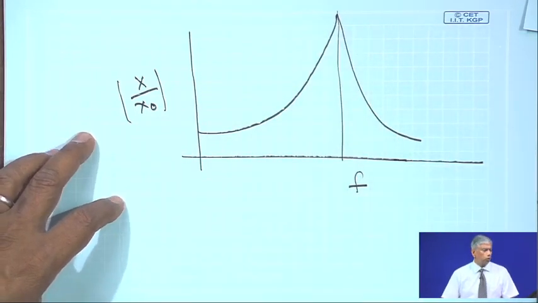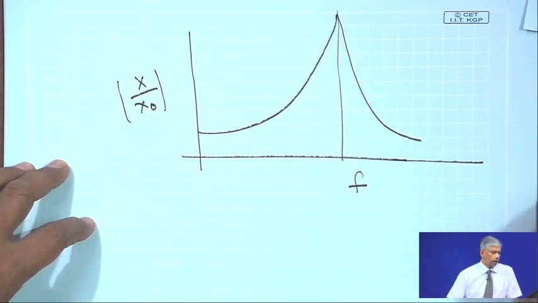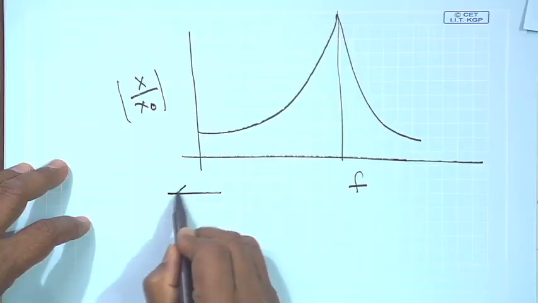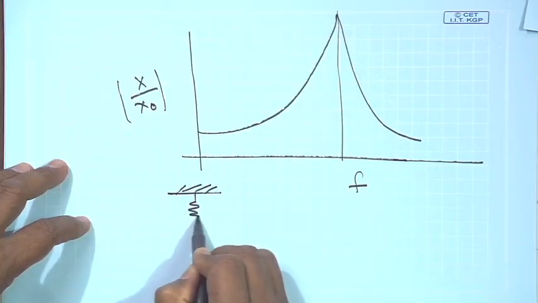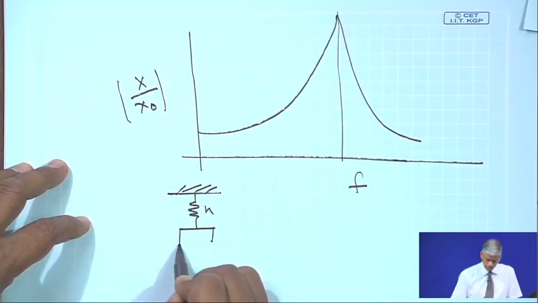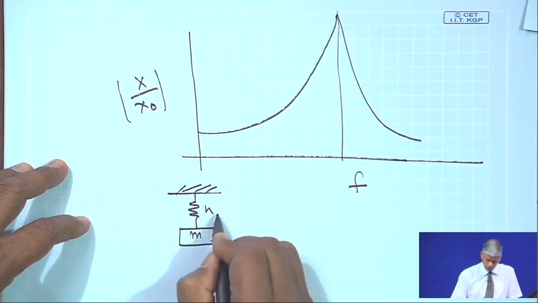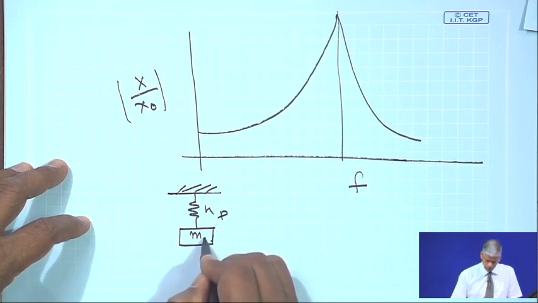So, a tuned mass damper system is such that I can attach another body. So, this is my primary mass.